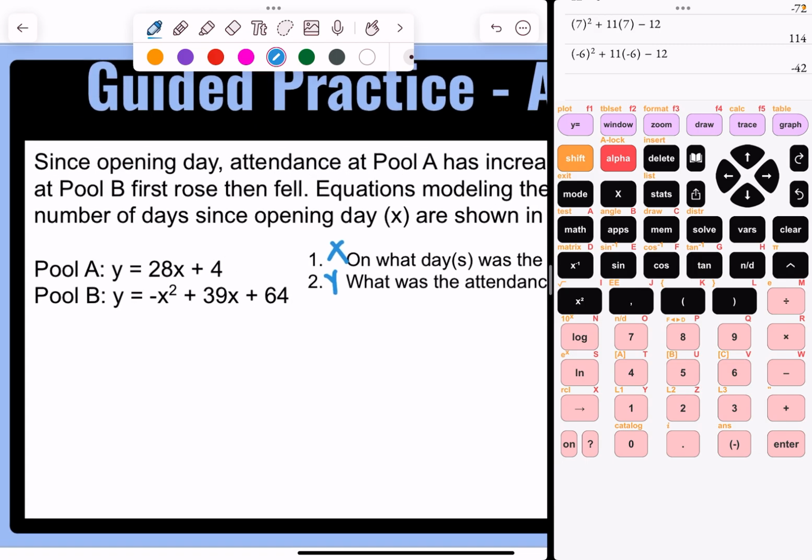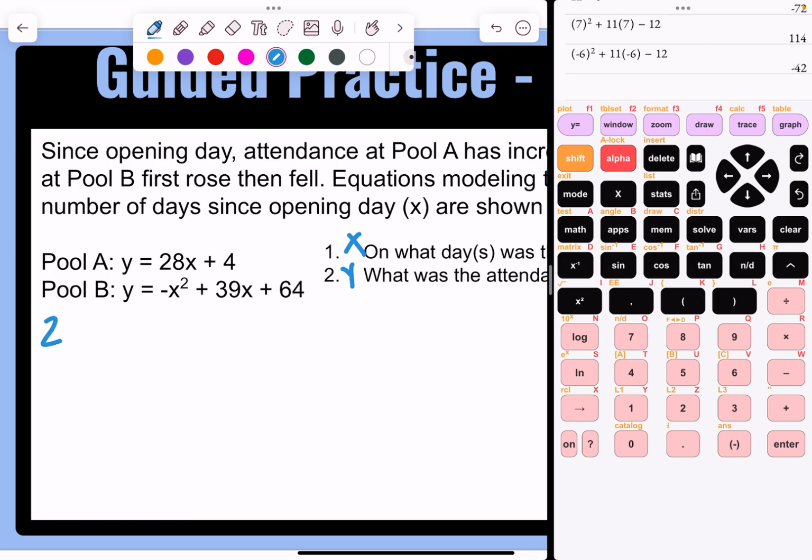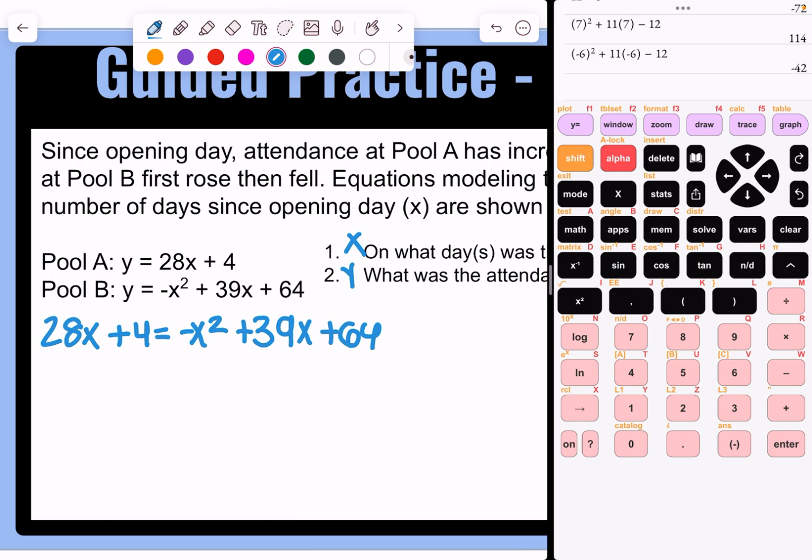Okay, let's set these equal to each other. 28x plus 4 equals negative x squared plus 39x plus 64. I really don't like a negative x squared, but when I bring all of these over, it will end up being positive. Minus 39x, we have to do the opposite to bring it over.